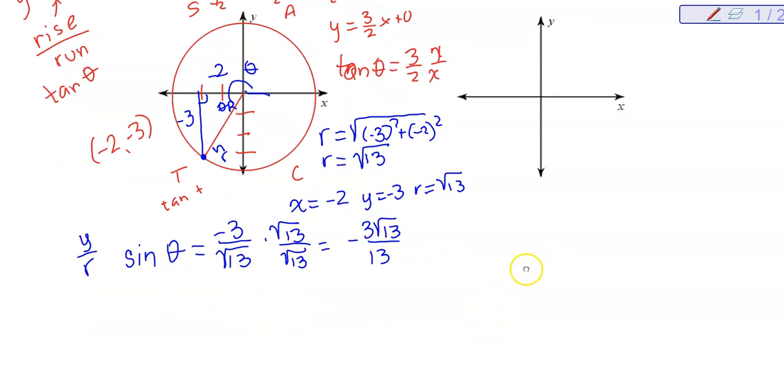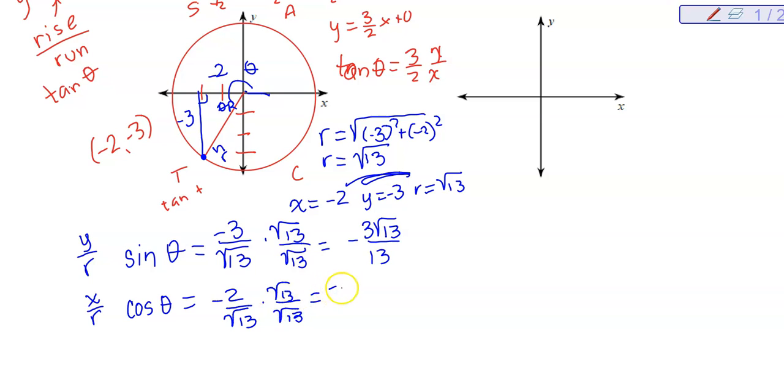Questions? So cosine. Cosine theta, x over r. We organized our x and r information right here. So that's negative 2 over the square root of 13. Rationalize. How many of you are starting to rationalize in your head? Right?